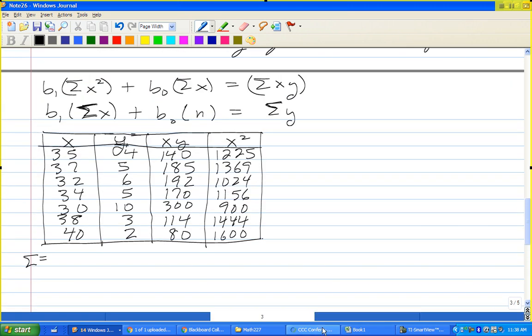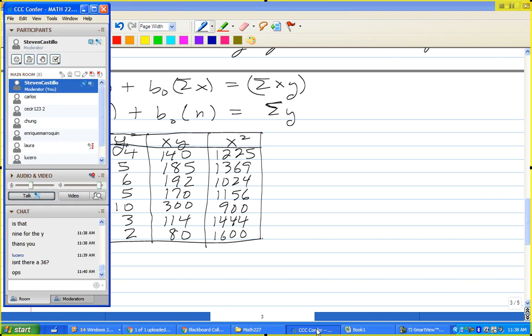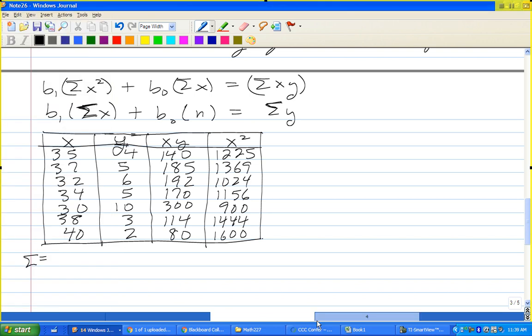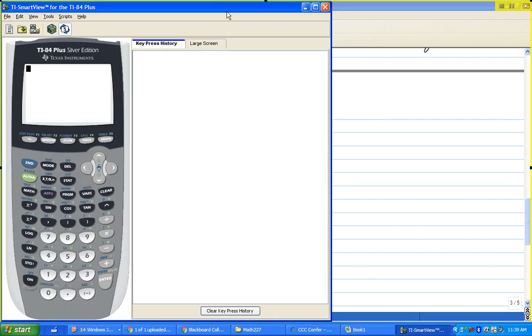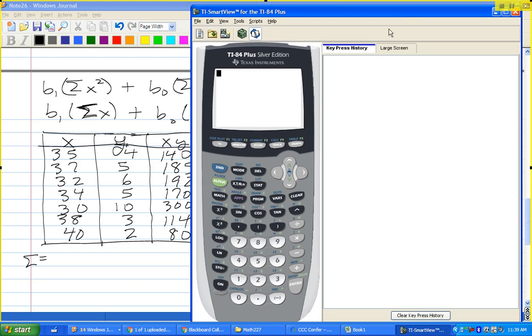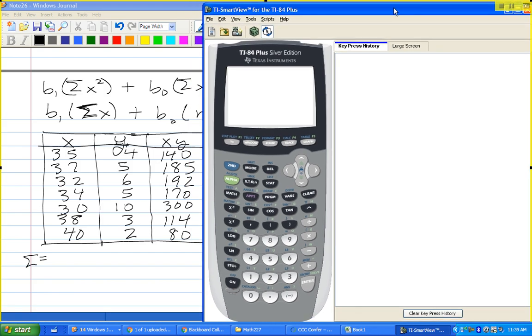Actually, what I should do is let me do this on my TI-83. Okay, so actually let's do this where hopefully I can do this easily.